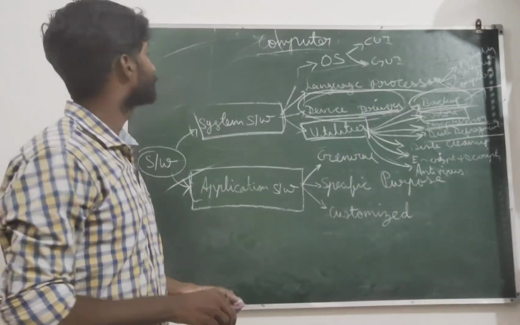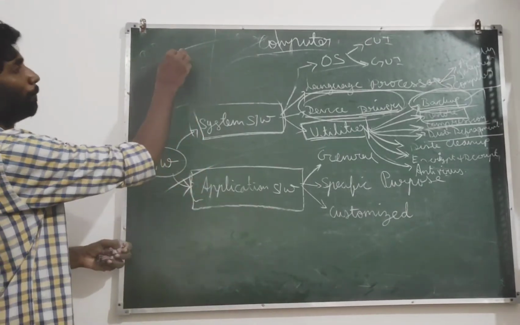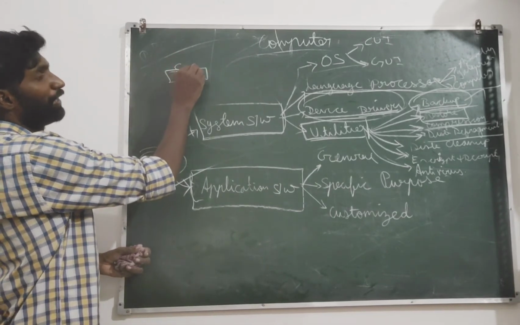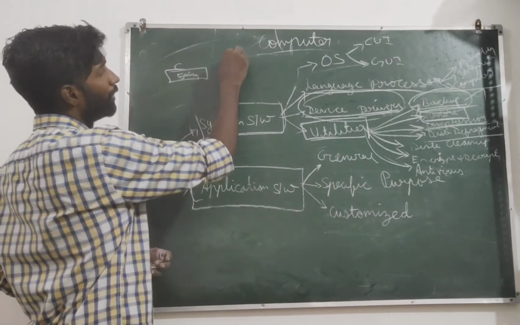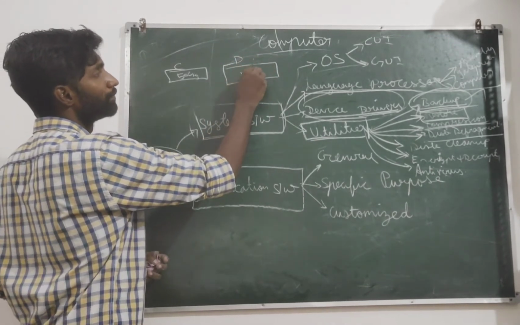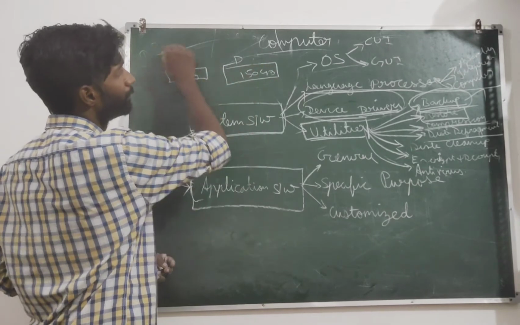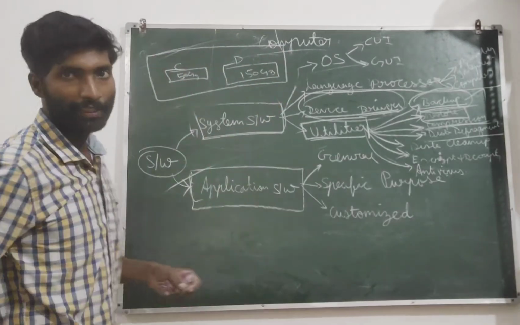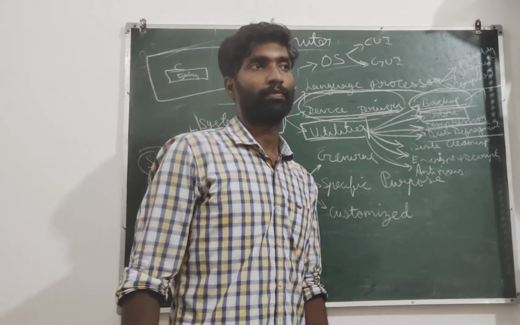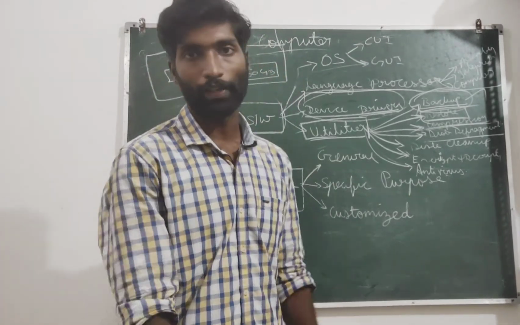Very simple. My PC, C drive, 50 GB, D drive, 150 GB. This is my computer. Now I am storing some particular files.